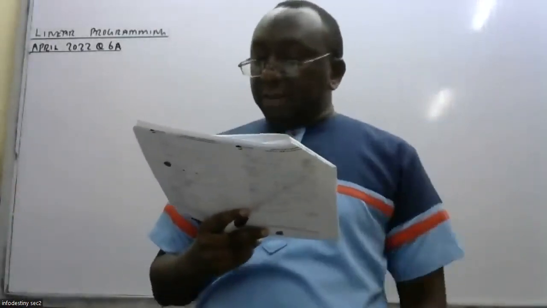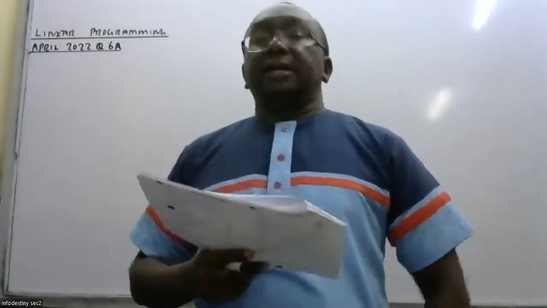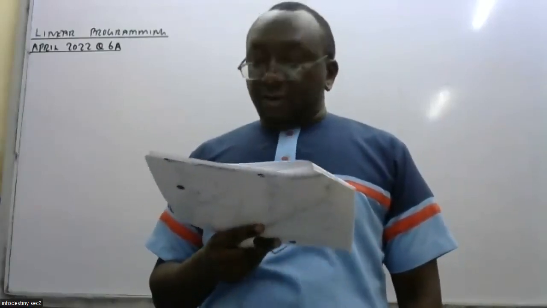If you look at question 6A, it says, highlight 4 requirements that must be met before a linear programming model can be applied. Those requirements are what we have called the assumptions.